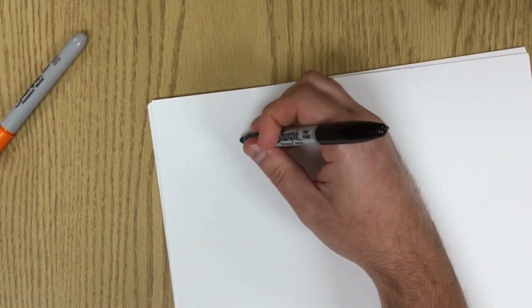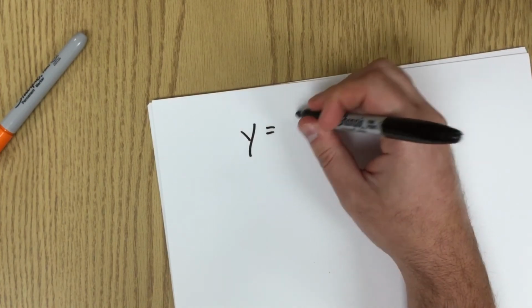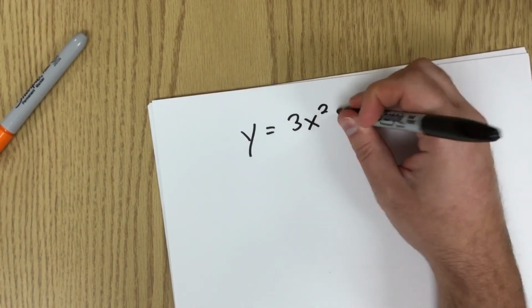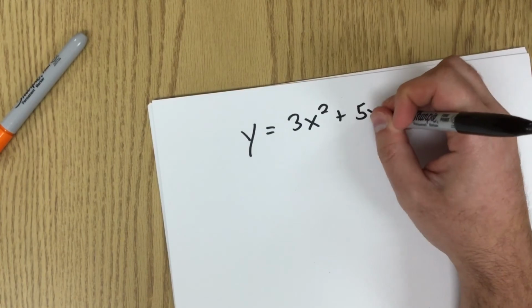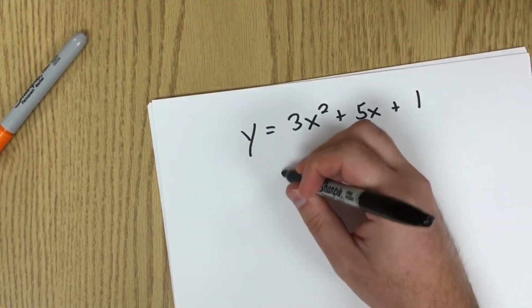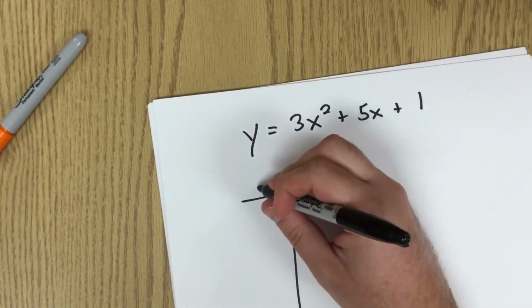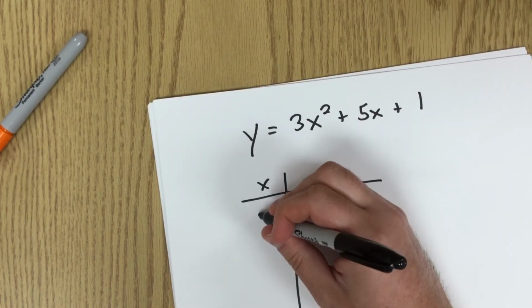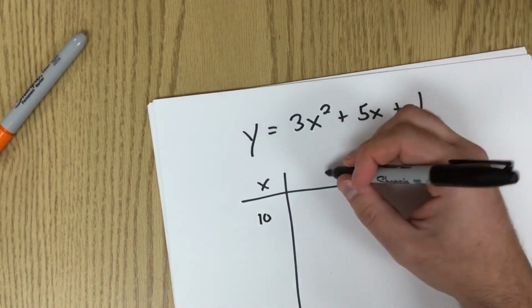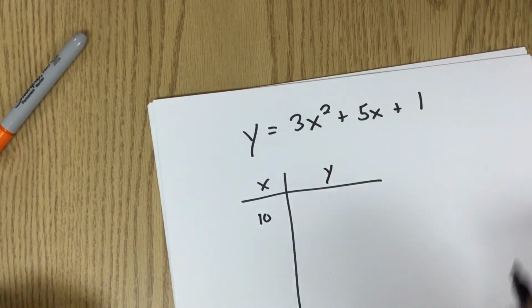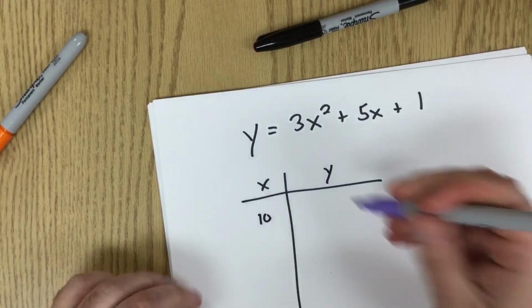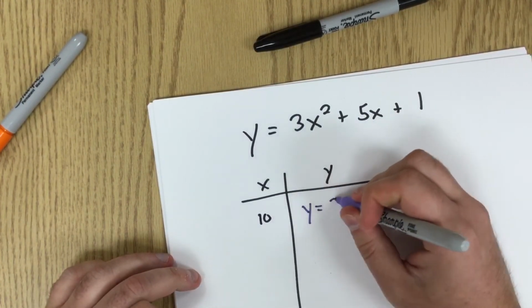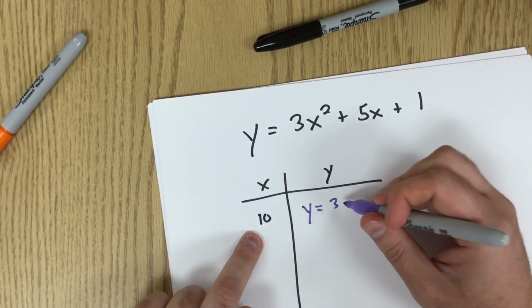You may be graphing other things, lots of other equations. A little look ahead: if you have something, for example, like y equals 3x squared plus 5x plus 1, and you want to sub in the point 10, you probably wouldn't, because that's going to be really off the graph, as we'll see. So the equation is y equals 3, and then you sub in that value for every x.